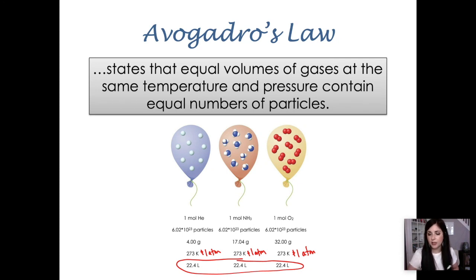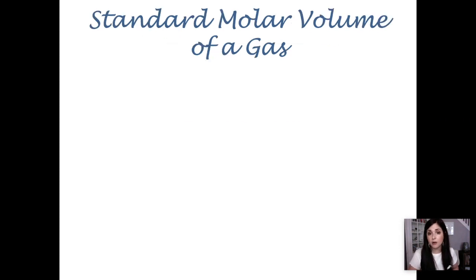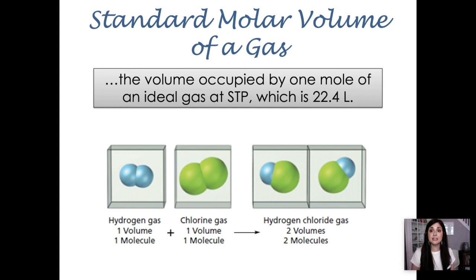I like to save it for this, but you might have heard that number already. We call that the standard molar volume of a gas. This says that the volume occupied by 1 mole of an ideal gas at STP is 22.4 liters.